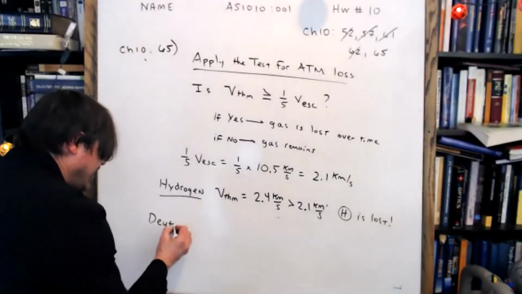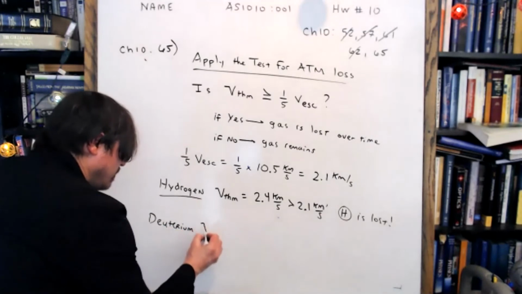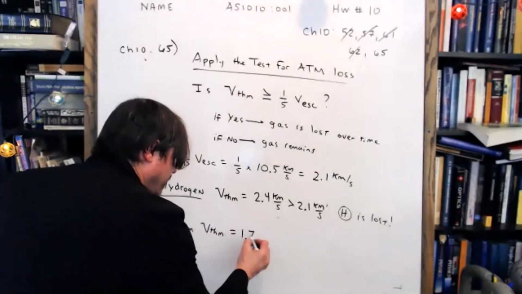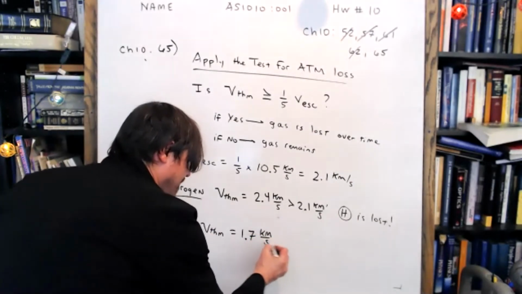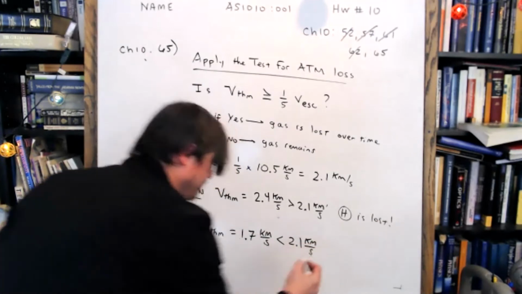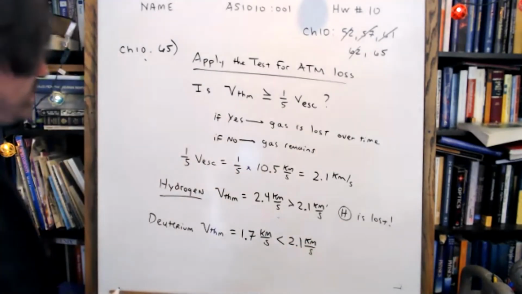In the case of deuterium, deuterium's thermal speed is 1.7 kilometers per second. Look how magic this is, which is less.